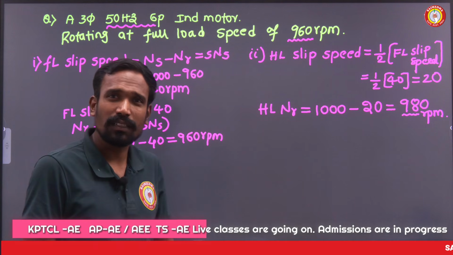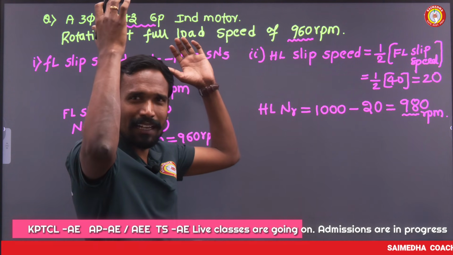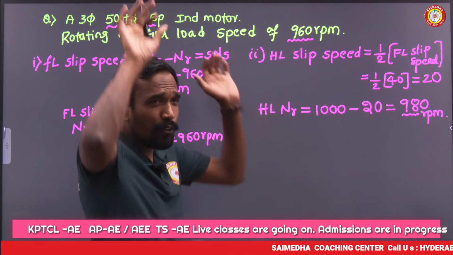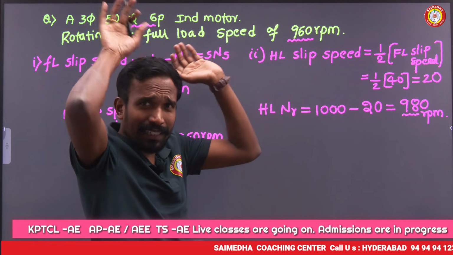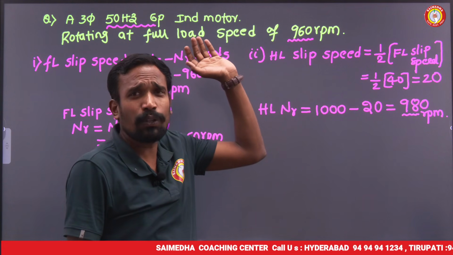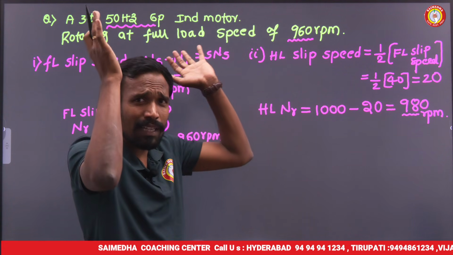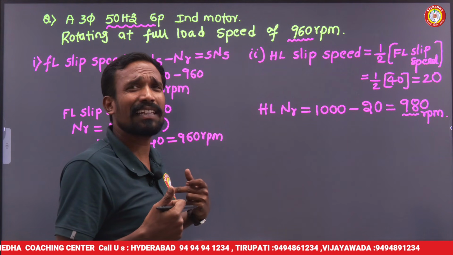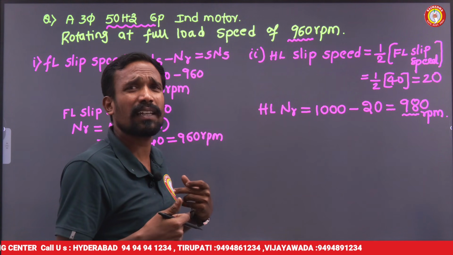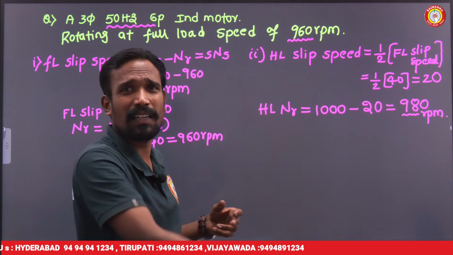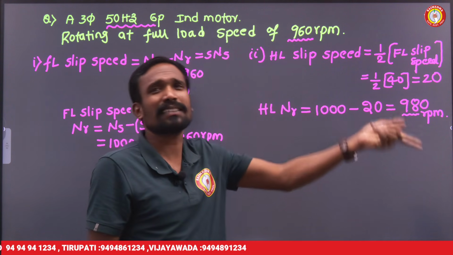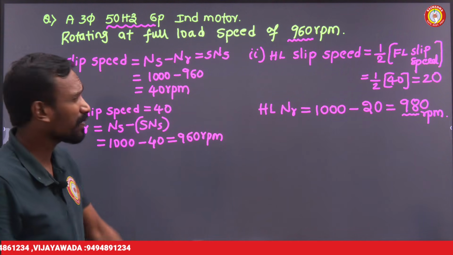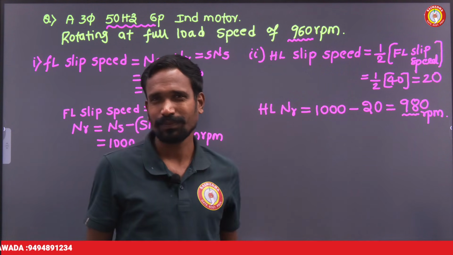For example, 100 kgs is on my head and I am rotating at 960 rpm. If 50 kgs is removed, now I have a load of only 50 kgs. What is my speed? More than 960, less than 960, or half of 960? More than 960, 960 plus something. So what is the value? 980 rpm. Like that they will ask you.